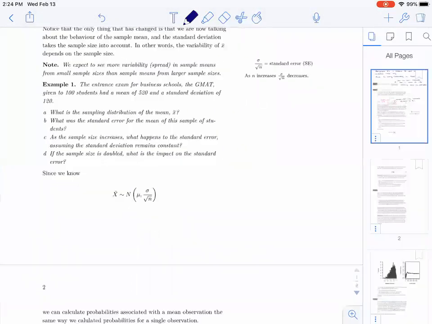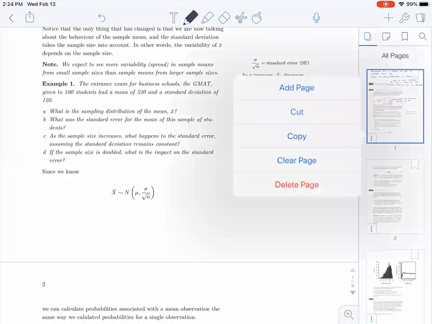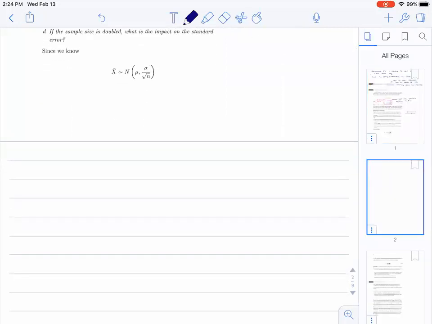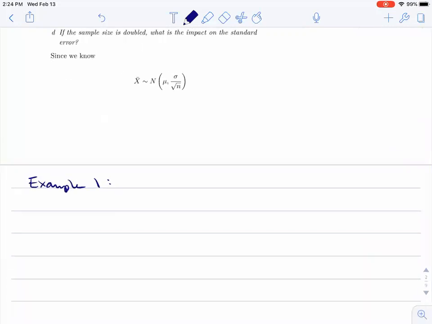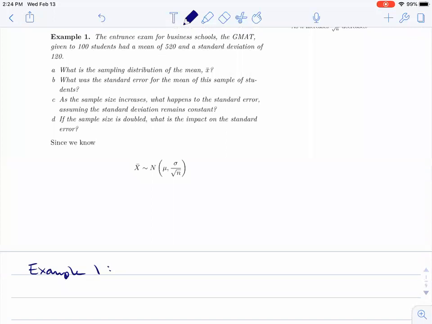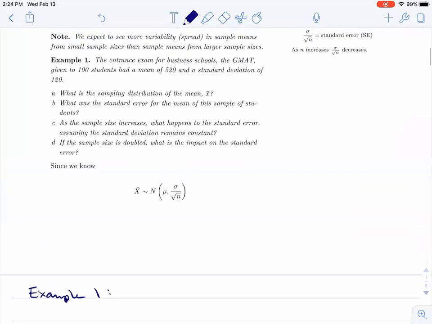So what we're gonna do, I'm gonna add a page here. Let's say example 1. First, I'm going to identify all the information that I've been given.